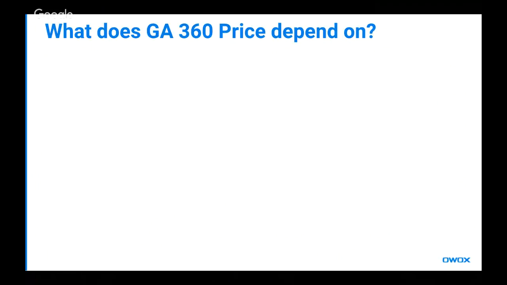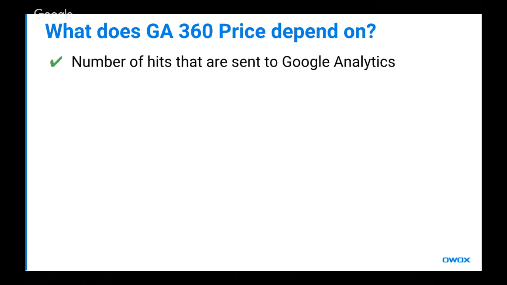We'll start with the question, what does the GA360 price depend on? The first and most important factor is, of course, the number of hits that are sent to Google Analytics. The more hits are generated in your web properties, the higher the price for the license will be.